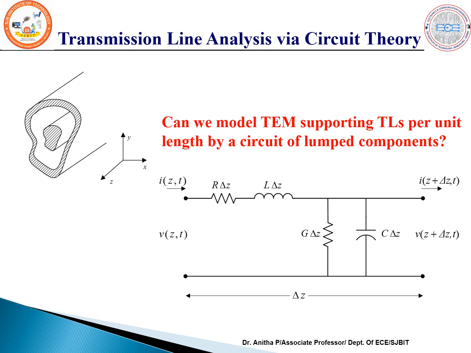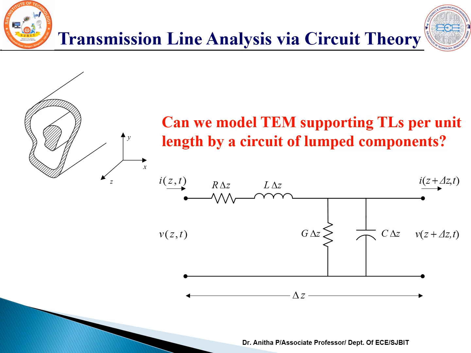And we are considering a section of transmission line which is delta Z. So the input which we have given is voltage, and you can observe it varies with respect to Z and T. So two parameters, with respect to two variables, you can find out. Usually time varying components will be specified, and as it is a distributed one, it varies with respect to the space also.